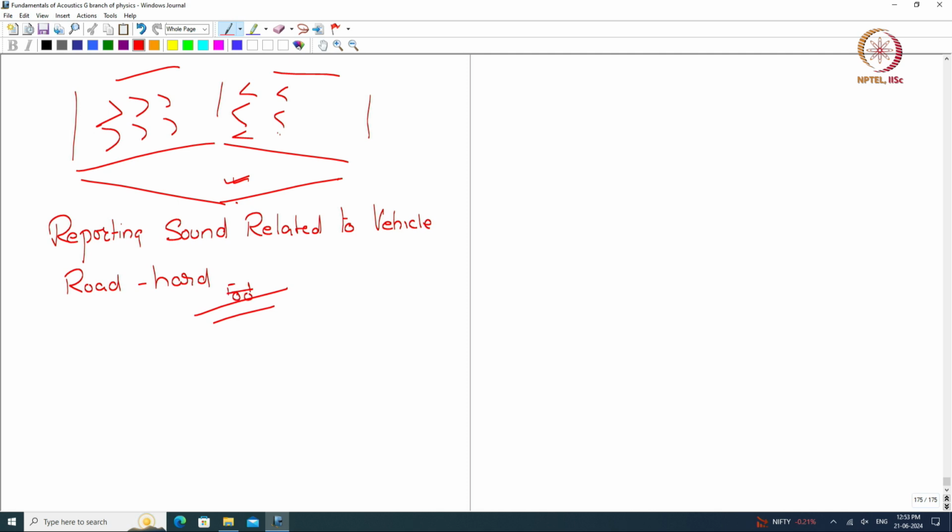So now the floor is made hard and all the other 5 surfaces are absorbent, so it simulates the road environment. Okay, so these are different setups for measuring sound power of machines.